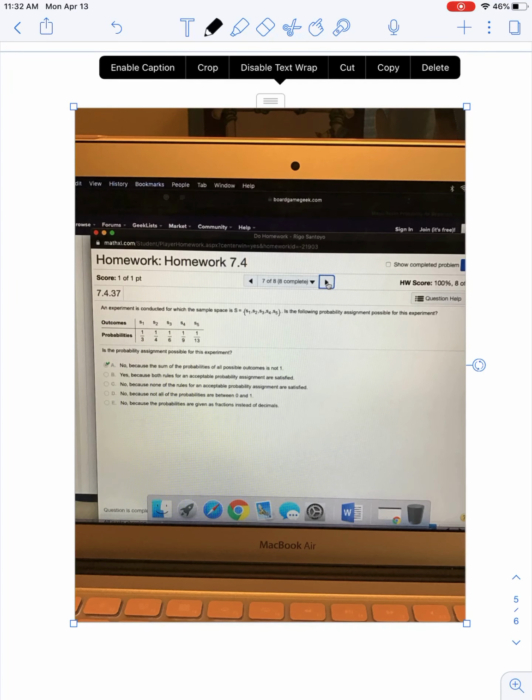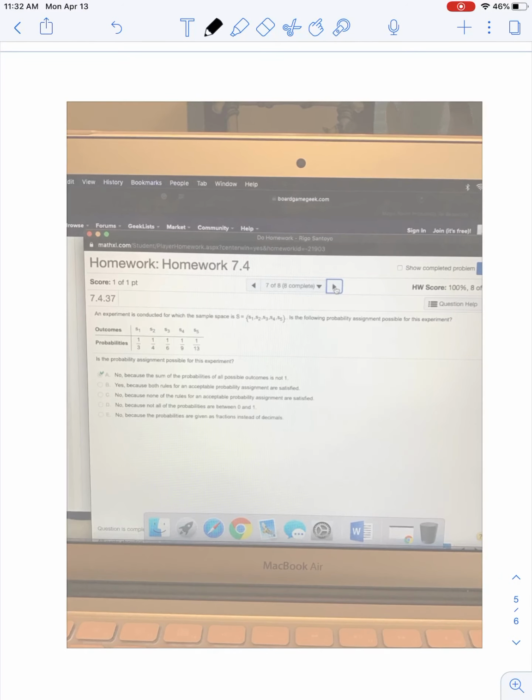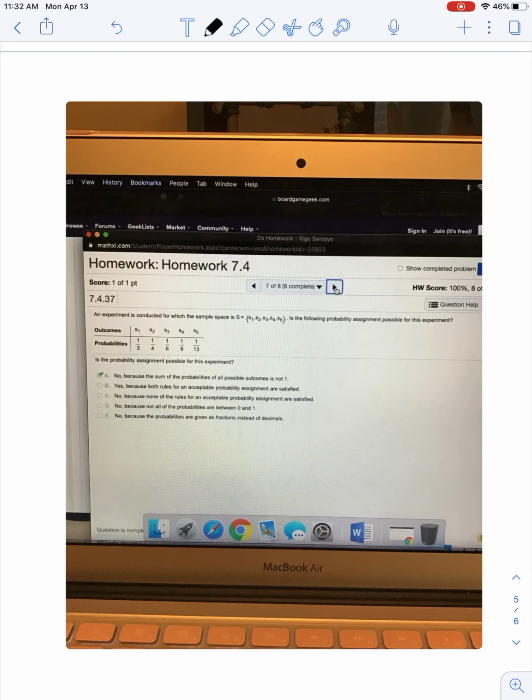All right, so we take a look here. It says an experiment is conducted for which the sample size is this. Is the following probability assignment possible for the experiments?